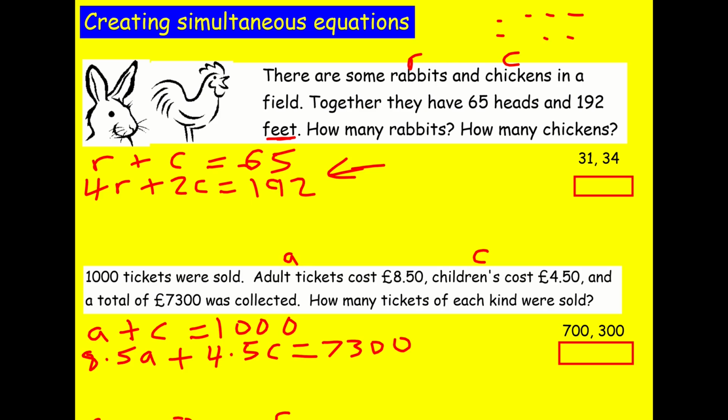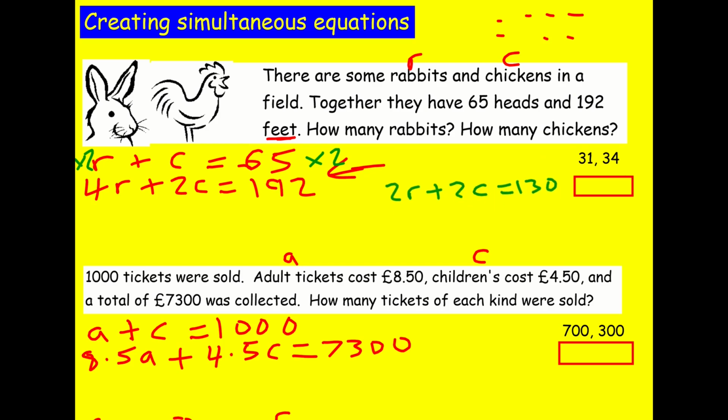So we've got simultaneous equations, we've got different coefficients. So the first thing I am going to do on this first one is multiply both sides of the top equation by 2, because that's going to make me have 2c up here. So I'm going to get that 2r plus 2c is equal to 130. And then I've decided I'm going to write above it the first equation.